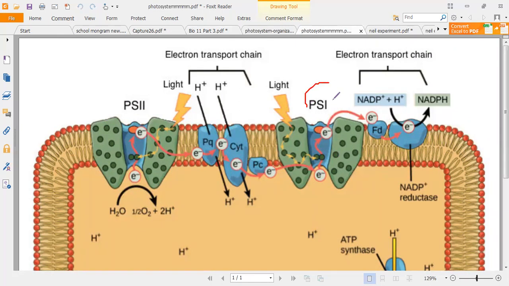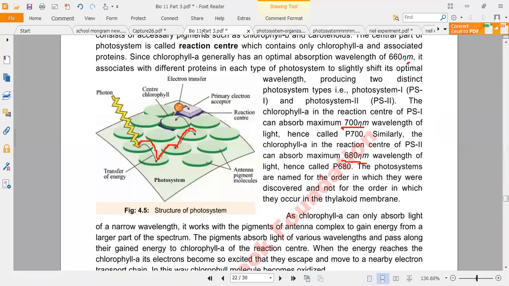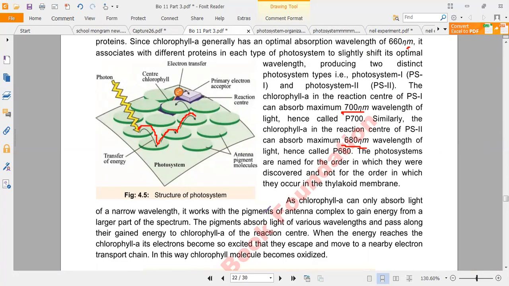But PS1 was discovered at first, that's why it is photosystem 1, and PS2 was discovered second, that's why it is named photosystem 2. So photosystem 2 absorbs the wavelength 680, and photosystem 1 absorbs the wavelength of 700.